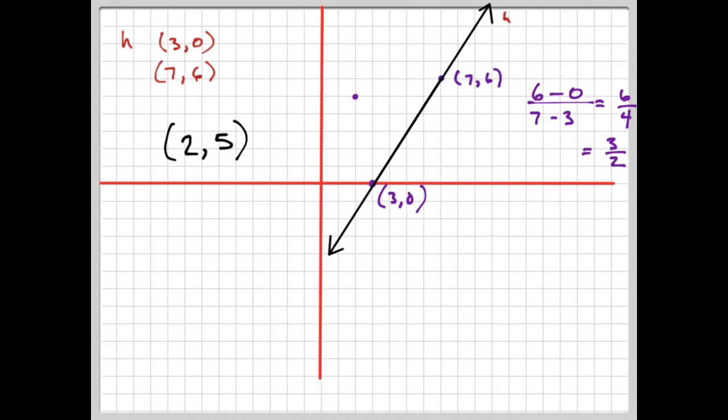So if the slope of h is 3 over 2, what's the slope of the new line? Close. Opposite reciprocal, which is negative 2/3. Okay? So here's what we can do. We don't have to come up with an equation. We just have to draw the line. So, first of all, negative means what? From left to right, it's going down. And it's going down at a rate of 2 over 3.